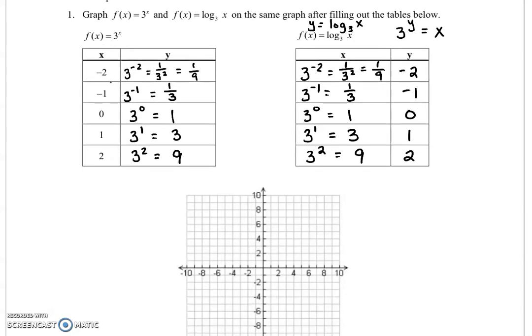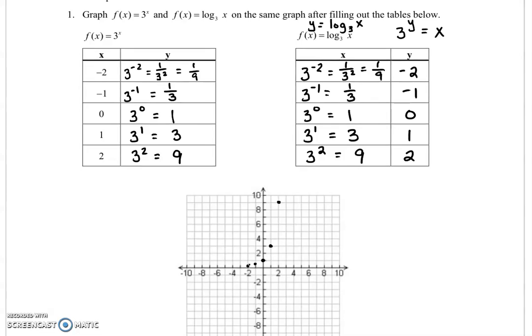So if we do the first one, x is -2, y is 1/9. That's pretty close to the x-axis, but not actually touching it. Then we have the point -1, 1/3, 0, 1, 1, 3, and 2, 9.